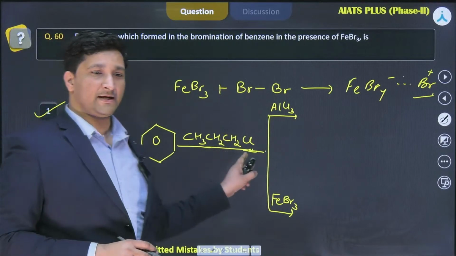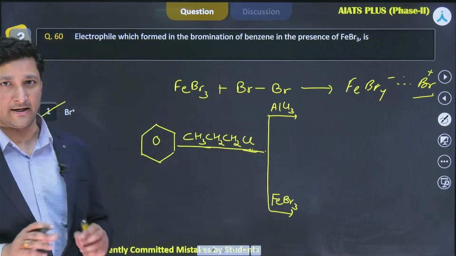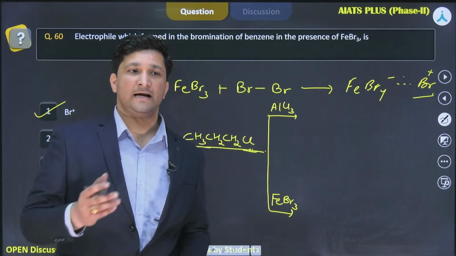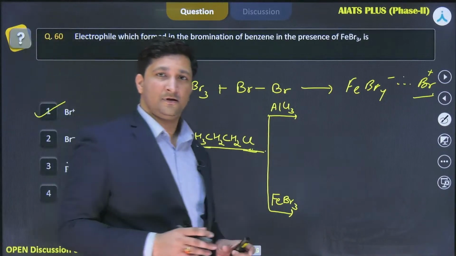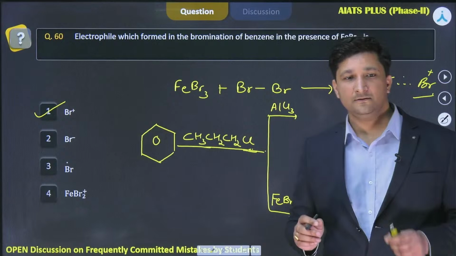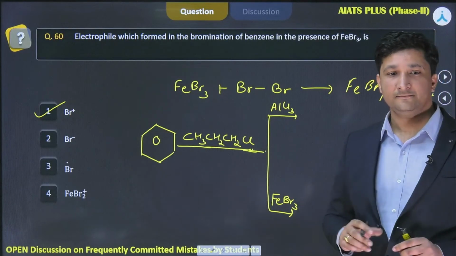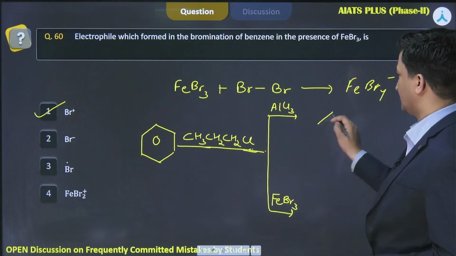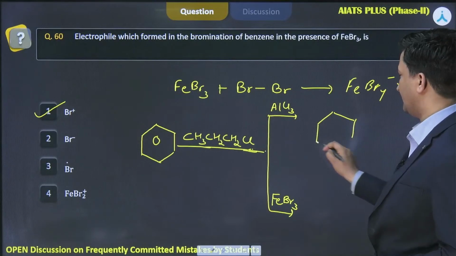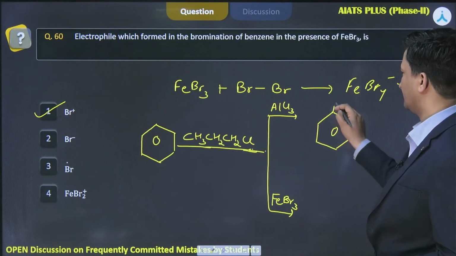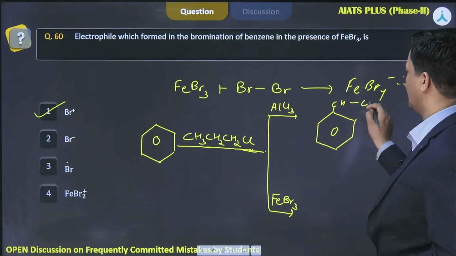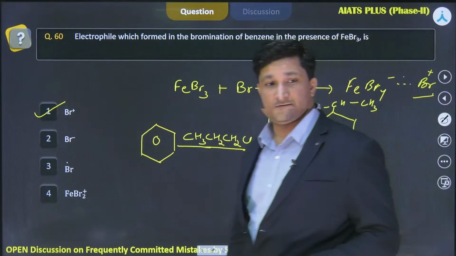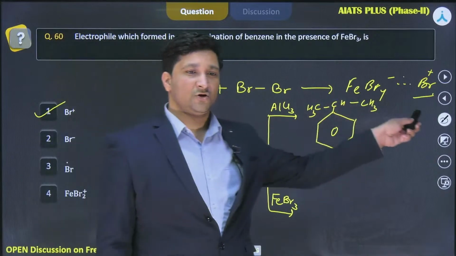Because this is a primary carbocation, you all have studied that primary carbocation will form secondary carbocation by hydride shift, and that isopropyl carbocation will react as an electrophile, and ultimately our product will be isopropyl benzene. The difference is that once we are using FeBr3, this bond is not broken finally.